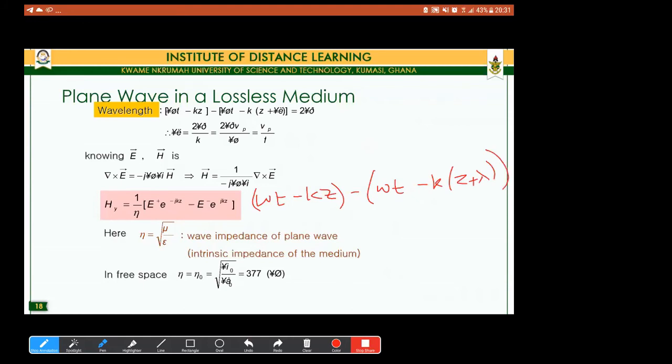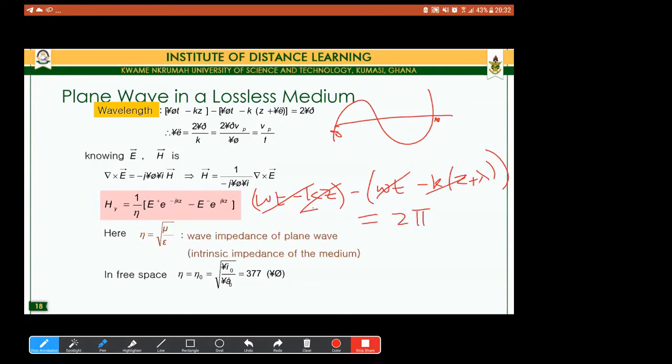And the difference here should be equal to 2 pi, because that's the full phase from one point to the next point of the start of the wave again. If you work this out, omega t minus omega t will cancel, and minus kz plus kz will cancel out.